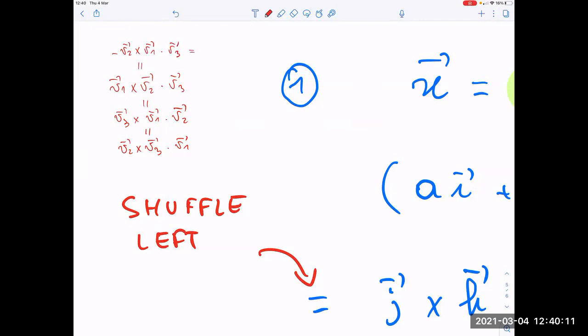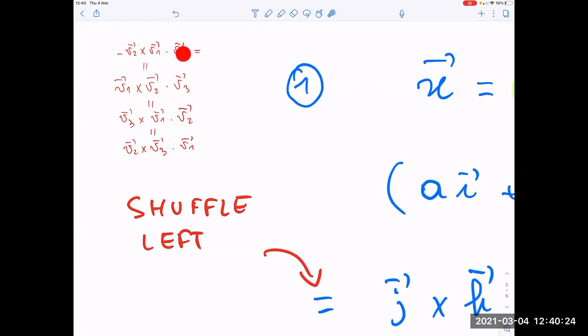But this is going to be equal, if I keep shuffling, if I move everything to the left, to minus V1 cross V3 dot V2. And this is equal to minus V3 cross V2 dot V1, and so on. I hope it is more clear now.